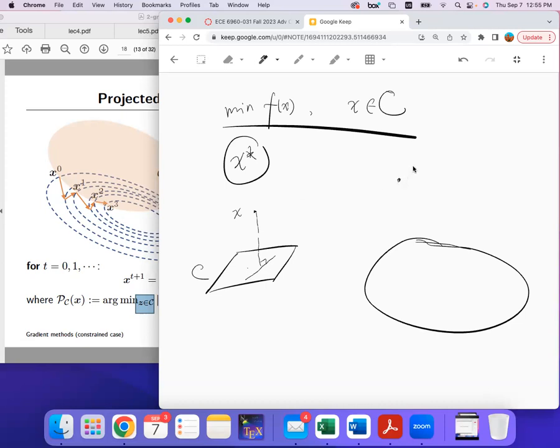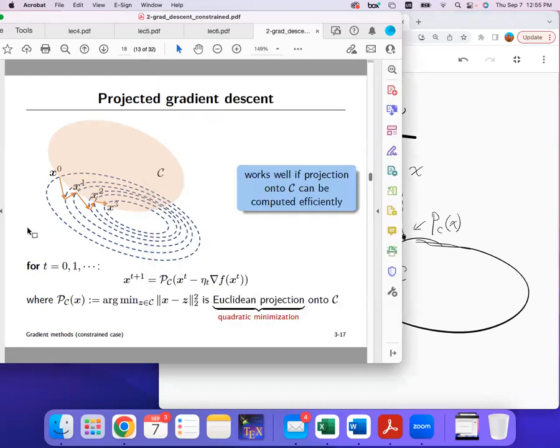You can still find a closest point. This point is the closest. So this is the projection of x onto C, that has the shortest distance.